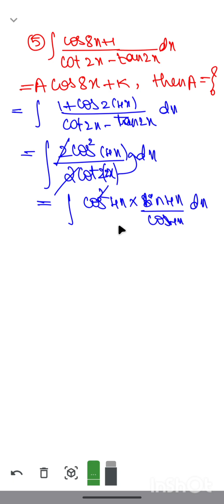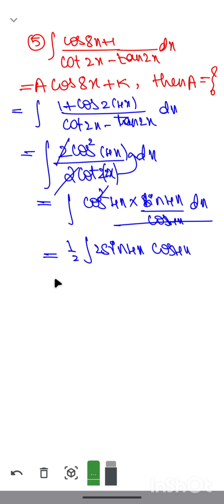So 1 term can be cancelled from the numerator and denominator. What is remaining? Remaining is integration of sin 4x into cos 4x. If I multiply and divide by 2, we will get 1 by 2 into 2 sin theta cos theta, which is nothing but sin 2 theta, where theta is to be considered as 4x. 2 into 4x will become 8x into dx.